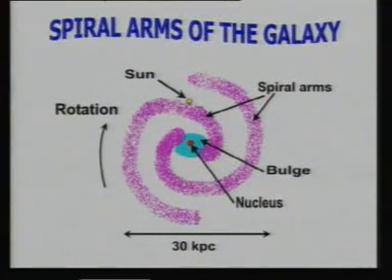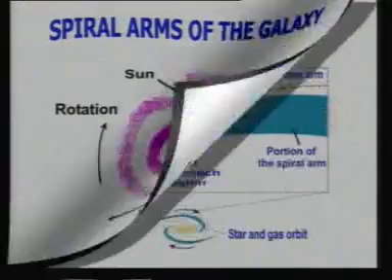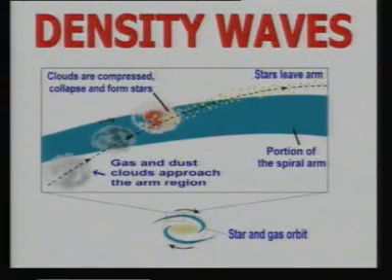One can calculate that within a very short time all these spiral arms will be wound. That means the galaxy would be without spiral arms. But we find that these spiral arms persist for a very, very long time. So what makes them persist? This was a problem in the 60s when two scientists hypothesized something called a density wave.